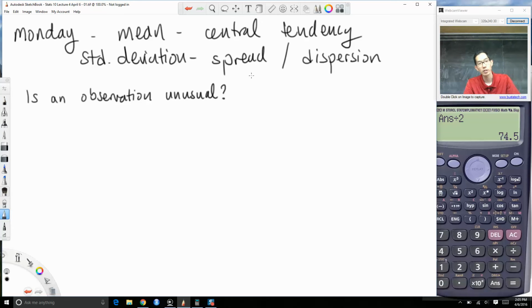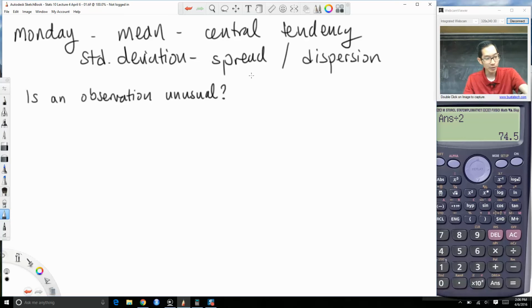For things that we are familiar with, we can say, oh, that's unusual. If we see a person who is 7 feet tall, we would say, oh, that's unusually tall. We have a sense of things that seem strange or unusual.